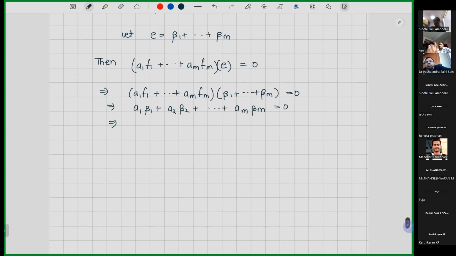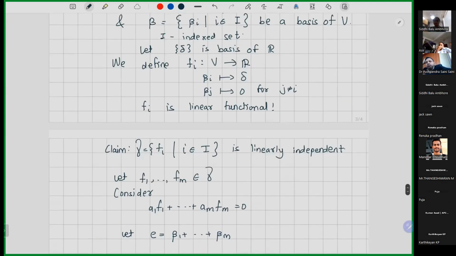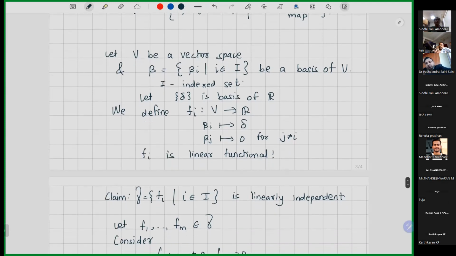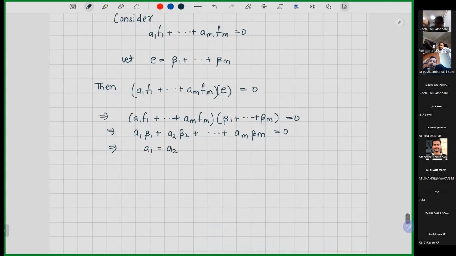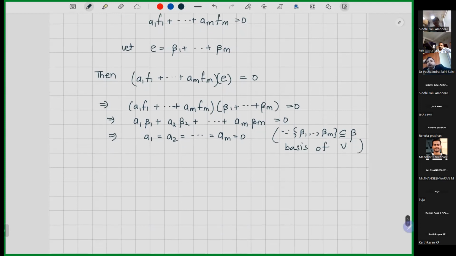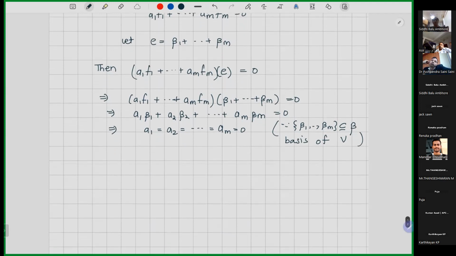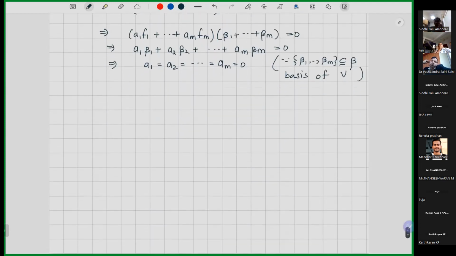But now these beta 1, beta 2, up to beta M are elements from the basis of V, so they are linearly independent. What does this imply? That A1 equals A2 equals everything is 0, since beta 1 to beta M is a subset of beta, which is a basis of V. The coefficients have to be equal to 0 since beta 1 to beta m are in a linearly independent set.